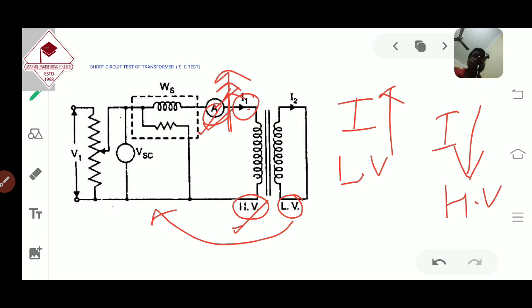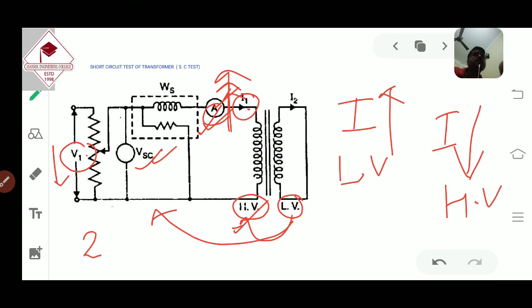Now the similar thing for this voltmeter, VSC. Suppose you connect the low voltage winding here, so this voltage will automatically drop, first of all, because this is a low voltage winding, and 2 or 5% of the low voltage will be much lower.